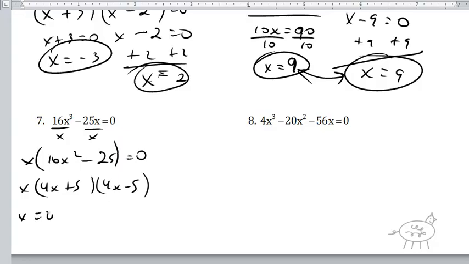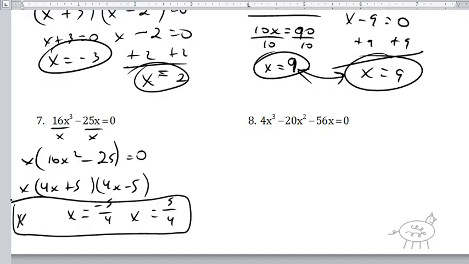Okay, so you get x equals 0. If I solve for x, I subtract 5 and divide by 4. So it's going to be negative 5/4. And the other one's going to be adding 5 and then dividing by 4, so positive 5/4. Okay, those are your 3 answers.